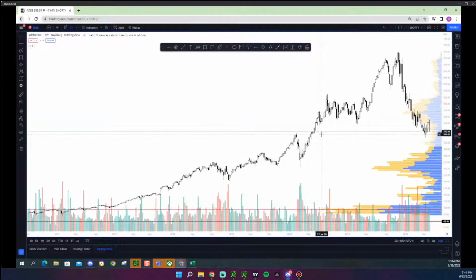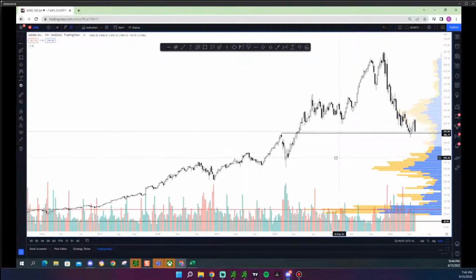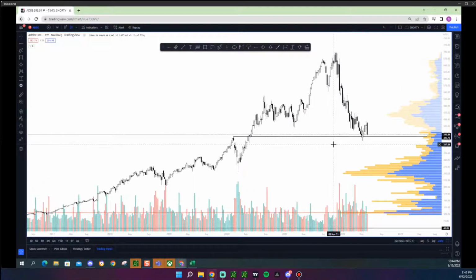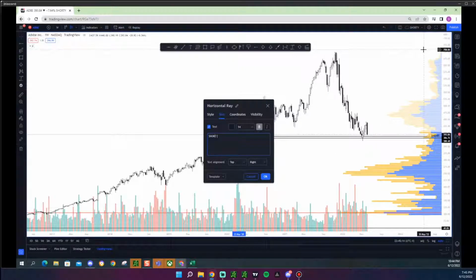Well, they hit the pre-COVID high at 387. Skinny belly right there. Yeah, they hit it pretty nicely here. If they break right here below 380.48, guys, this is a pretty good looking short. I'll definitely short it here.